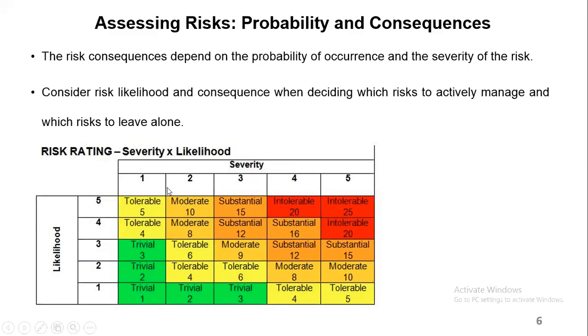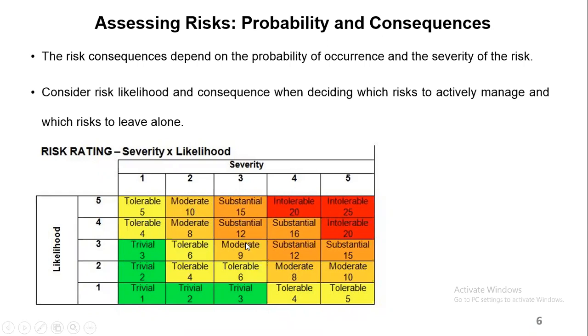So what they do is, let's say you multiply the likelihood and the severity. Let's say 1 times 1, it will be this block here. So this risk is trivial. It's not a very big concern, because its impact on your project is very minimal, and the chances for it to happen are also very minimal.